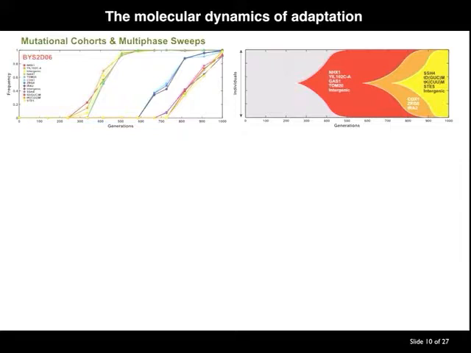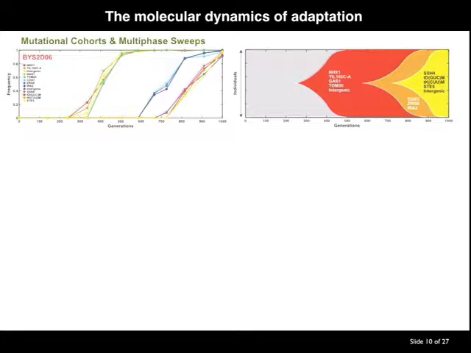One of the first things we see when we look at adaptation across these 40 populations is that selective sweeps are rarely single mutations or even single phase events. This population illustrates that nicely. Here you have a group of 5 mutations that we've called cohorts of mutations, mostly for lack of a better word, that move through the population more or less in lockstep, so that you can't really distinguish which ones came first.